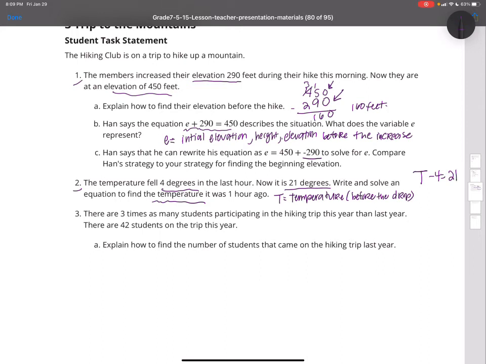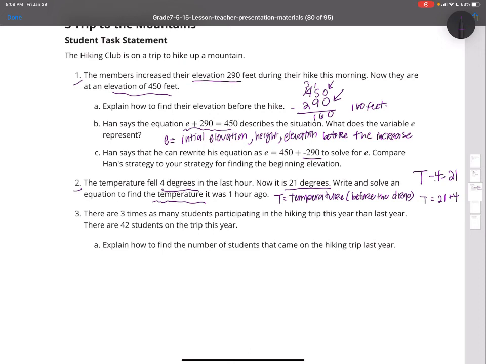Okay? Now, I know you guys may be screaming at home like, wait, the answer is this, but you're doing something in your head to figure out this answer, okay? So, if I had to solve this equation, I could add, T is equal to 21 plus 4. Why?